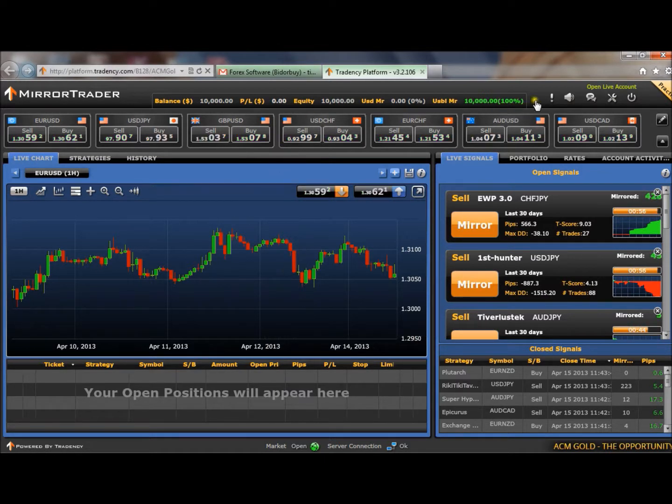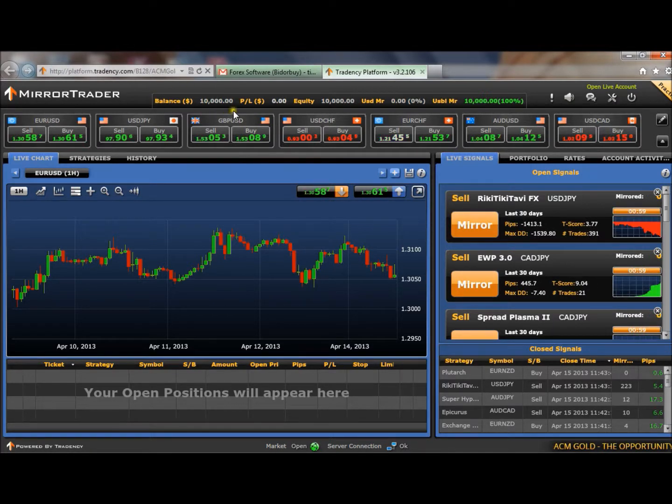Okay, so what you're looking at here is at the top you have a bar. You firstly have your balance. Your balance is all your trades that are banked plus your deposit. So this is, at the moment, we haven't actually closed any trades, and we started with an account of $10,000.